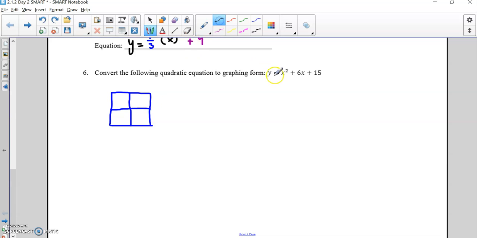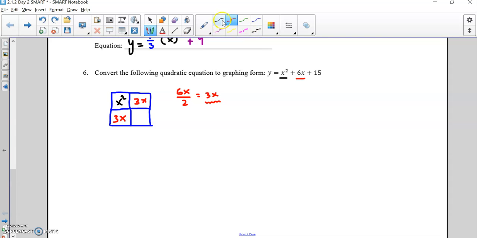The first thing we want to do is put the first term in the top left box. Do not fill out another box. That's for factoring. The next step is to take our second term, divide it by 2. We get 3x when we do that, so that means we're going to put 3x in both of these boxes.